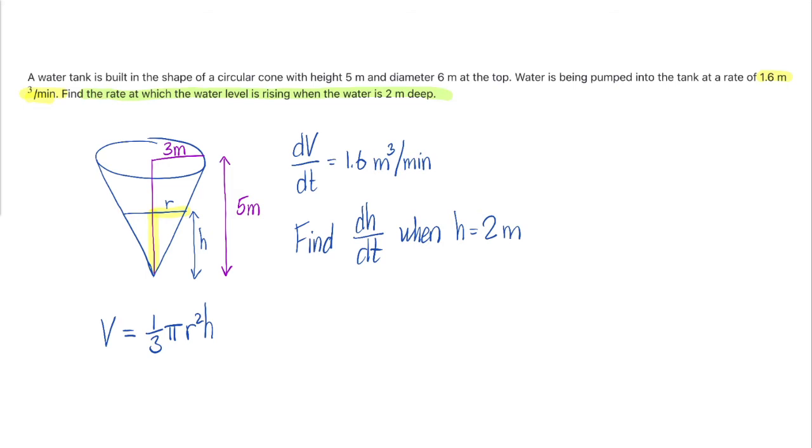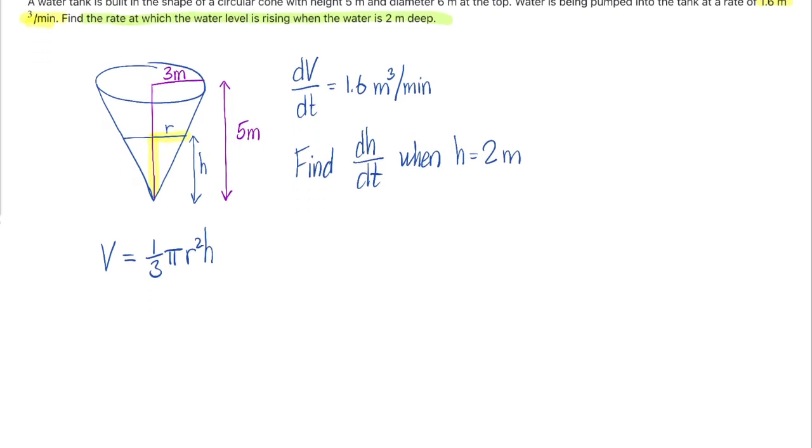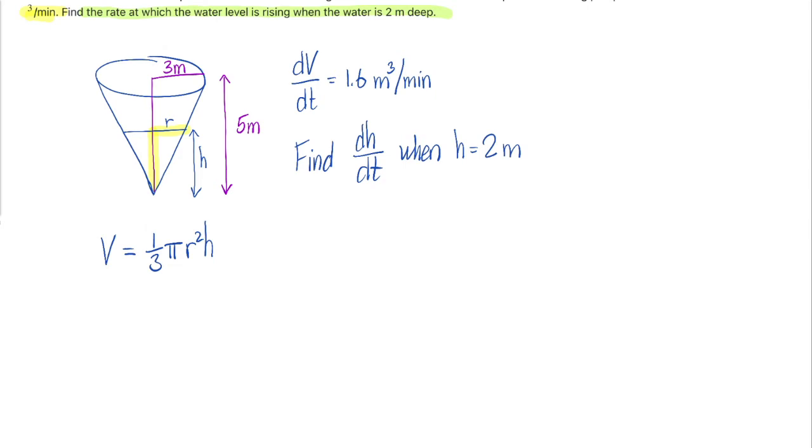Now the problem we have here is that we need to express volume as a function of height alone, and right now we have the radius in here. So we need to eliminate the radius, and we need to find a relationship between the radius and the height. And what we can do here is we can use similar triangles.